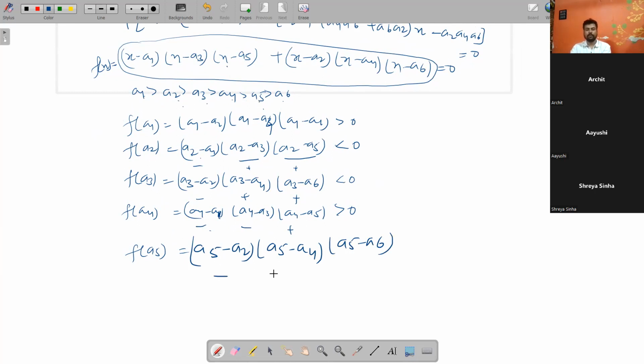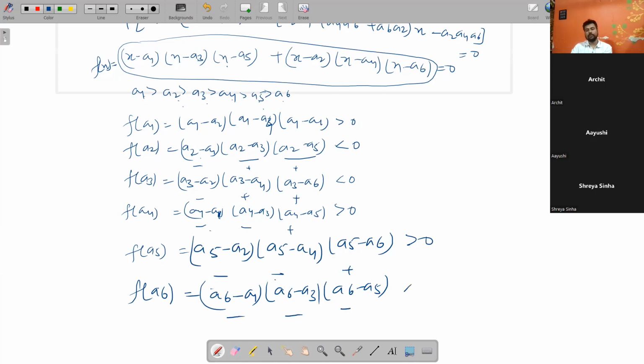A5 is smaller than A4, this is also negative. A5 is larger than A6, this is positive. So finally, negative into negative, positive into positive, positive. F of A6: this will be 0, A6 minus A6. We have A6 minus A1, A6 minus A3, A6 minus A5. A6 is the smallest value. Negative, negative, negative. So this is negative.